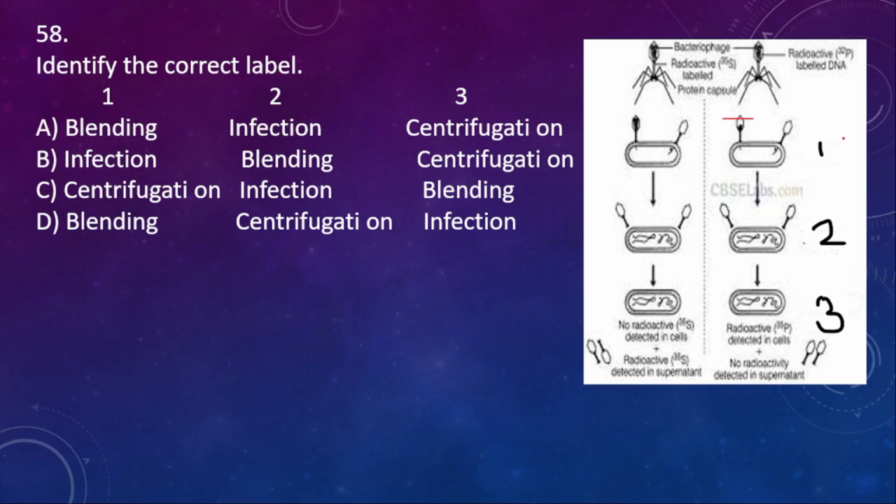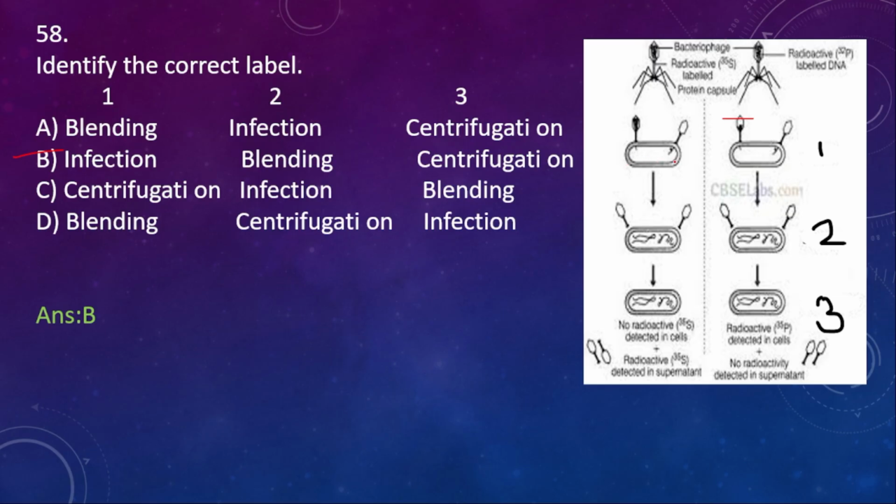See, this one is infection. This is actually the Hershey and Chase experiment diagram. The first step is infection, next is blending, next is centrifugation. So the correct option is option B. Here, this is a bacteriophage, a virus which infects bacteria.